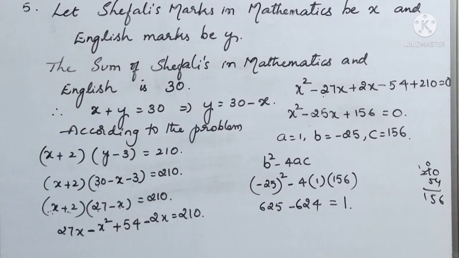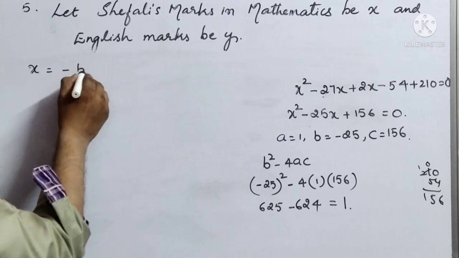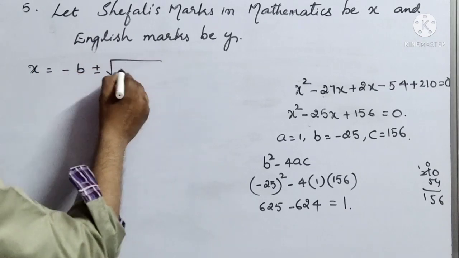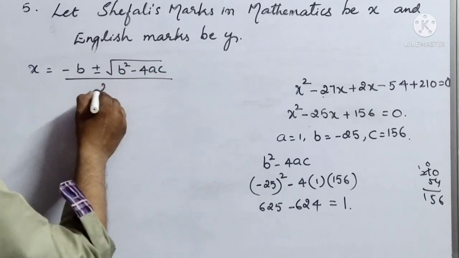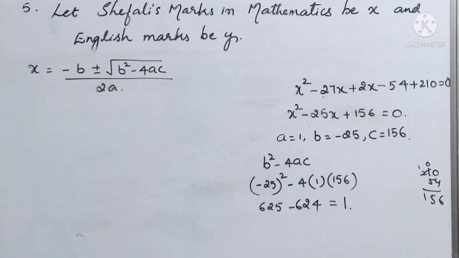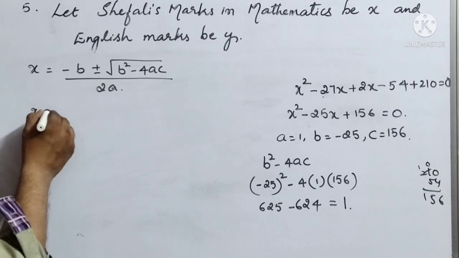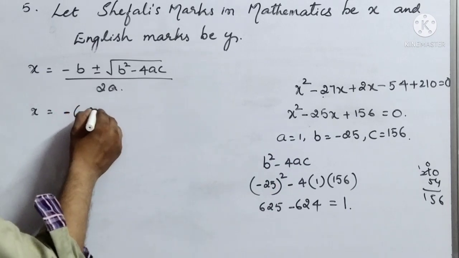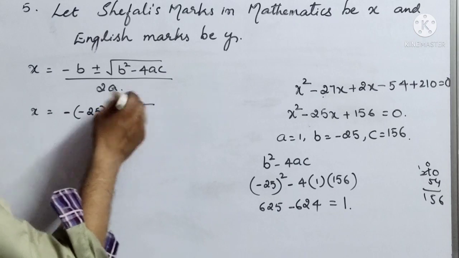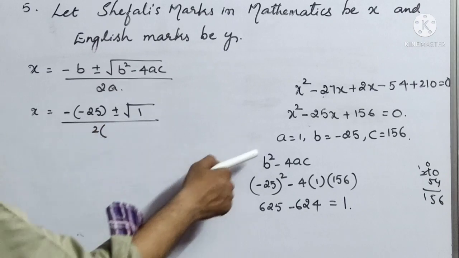Now apply the quadratic formula. What is the quadratic formula? x equals minus b plus or minus root over b square minus 4ac, by 2a. So x equals minus b, which means minus minus 25, plus or minus root of b square minus 4ac, which we got as 1, by 2 into a, and a is 1.